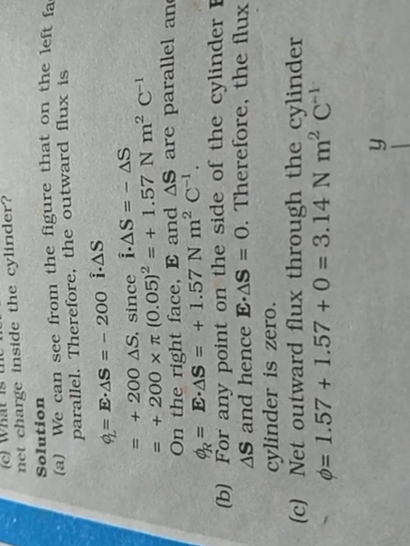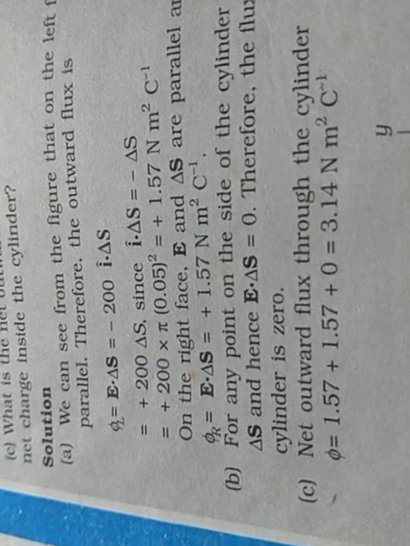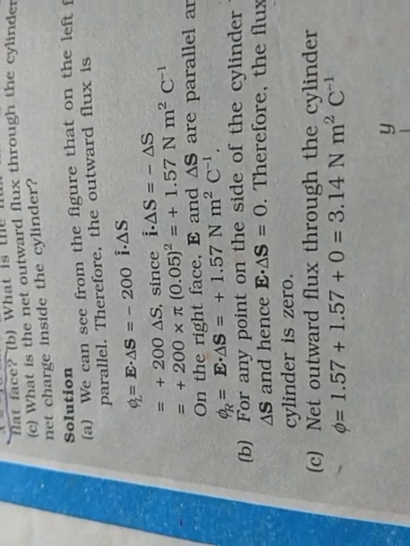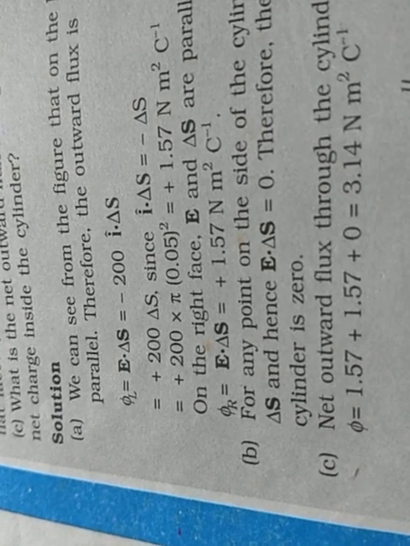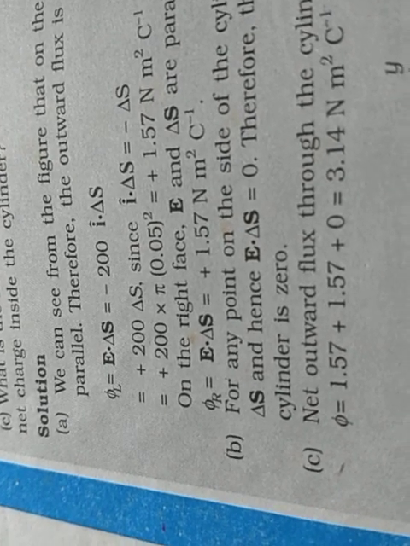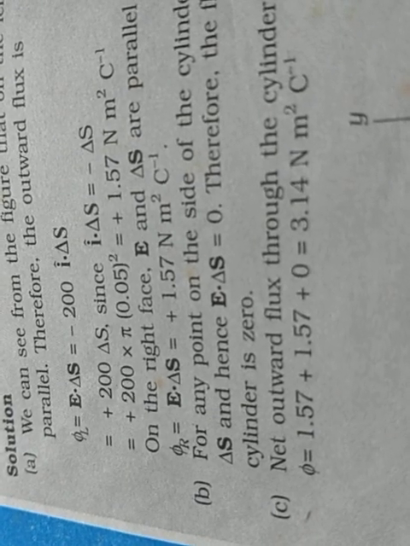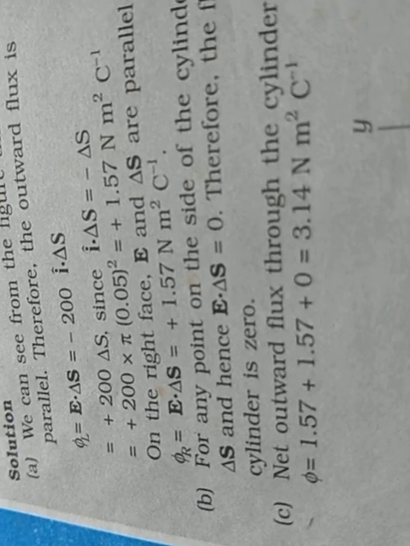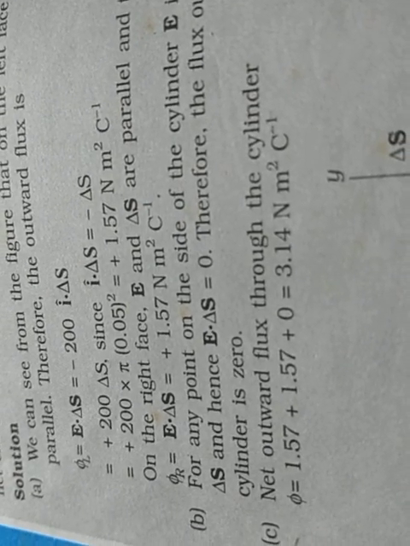So it becomes 200, that is the electric field. And since it is along the positive axis, E dot dS will have the value E magnitude times delta S magnitude. Therefore it becomes 200 into pi r square, r is 0.05, and that comes out to be 1.57 Newton meter square per Coulomb.